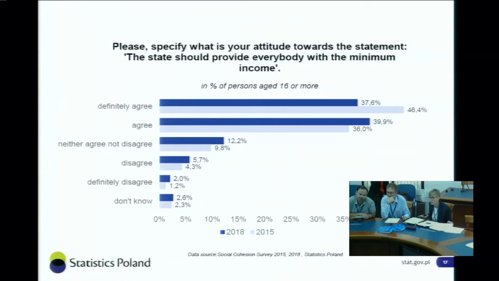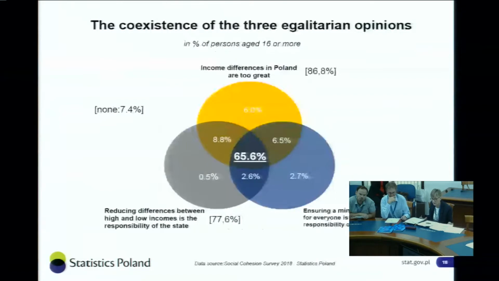So it's also possible to analyze the coexistence of three egalitarian opinions. We see that in the view of 66% of our society, income differences in Poland are too great, reducing the differences between high and low income is the responsibility of the state, and ensuring a minimum income for everyone is the responsibility of the state.